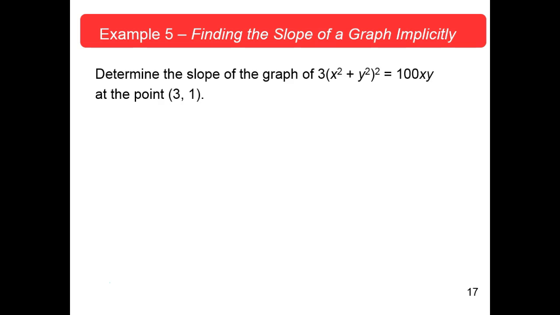So, I feel better about that. How do I determine the slope of the graph at that point, since I know that point's on the graph? Take a derivative. Good answer. And how in the world do you do that here? Chain rule, you're absolutely right. How does that work? Anybody?